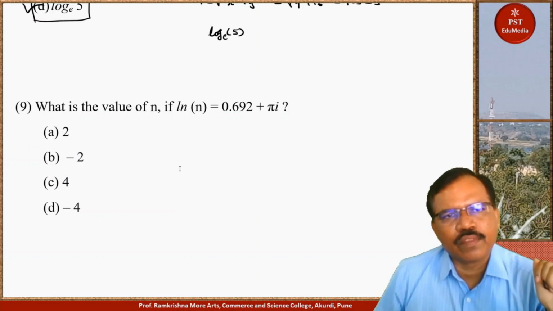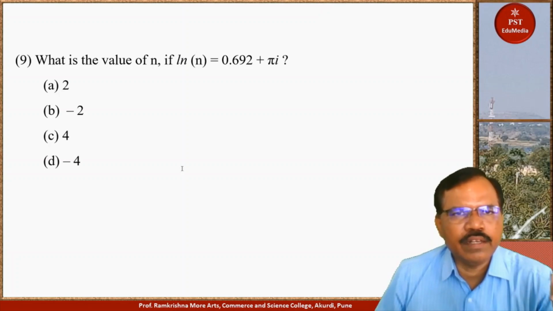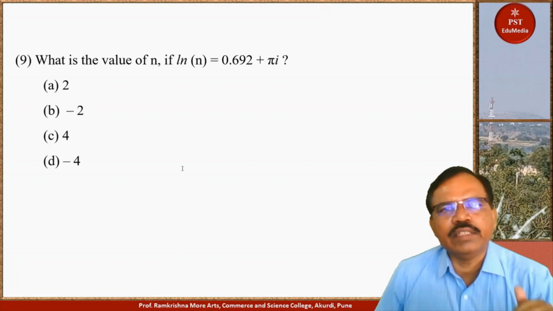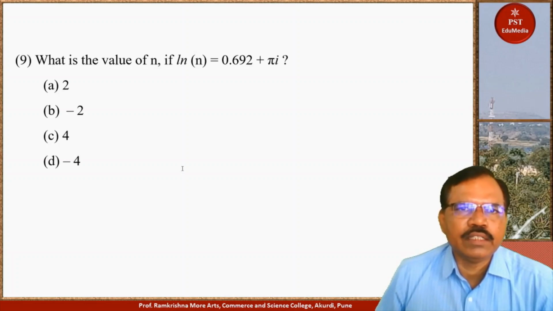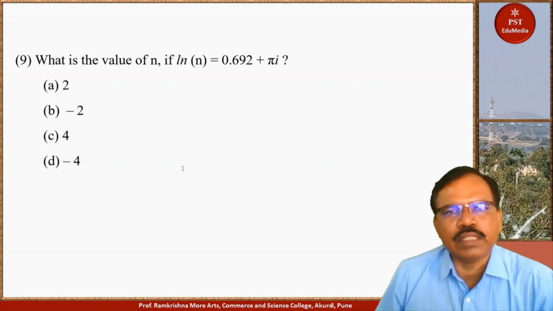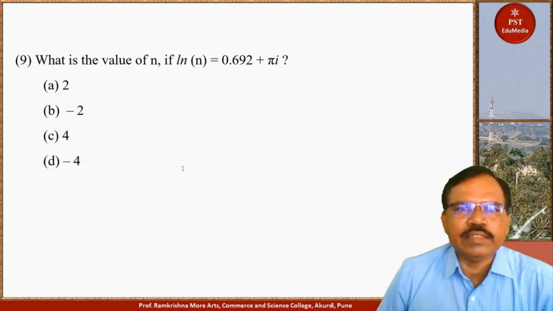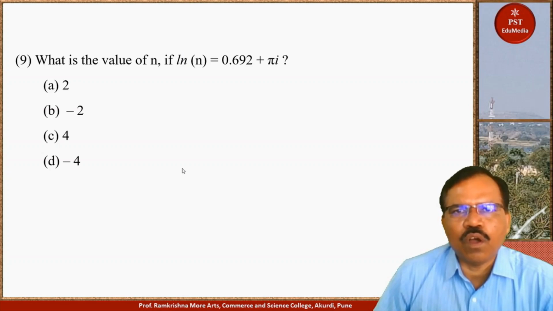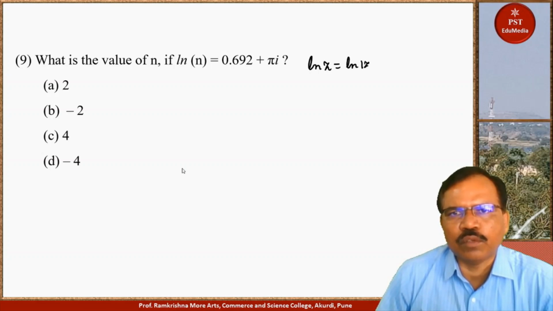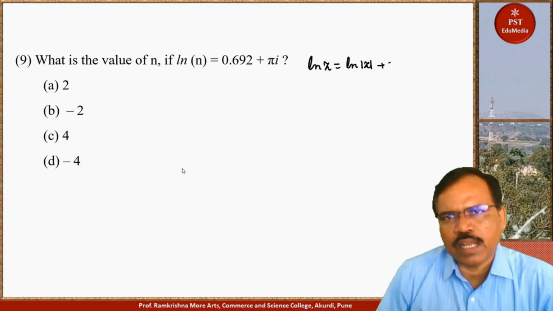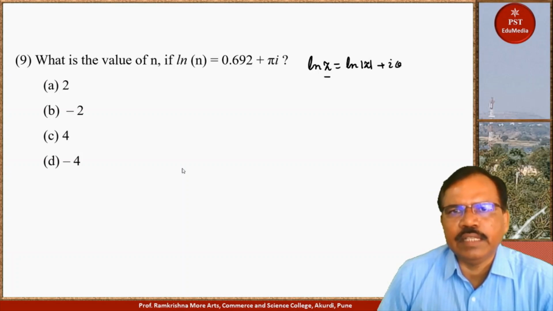Now next one. What is the value of n if log n is equal to 0.692 plus pi i? Now we have already seen that log z means log of the modulus of z, log r, plus i theta. If z is a complex number, then z is equal to r e raised to i theta.